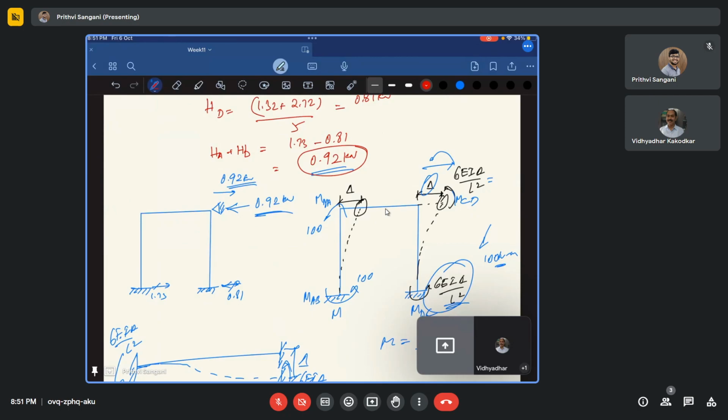If you have a horizontal force of, let us say, 10 kilonewtons acting here, in that case you'll have a net force of minus 9.08 kilonewton. So the process will be the same. Instead of 0.93, you will be calculating for minus 9.08 at the end. Are you able to understand?